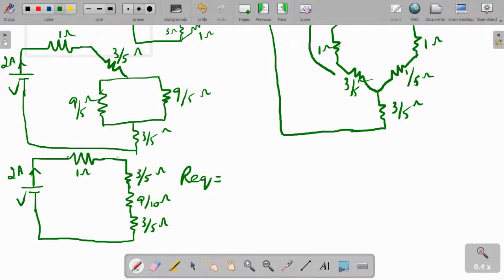1 plus 3 by 5 plus 9 by 10 plus 3 by 5. So LCM is 10.